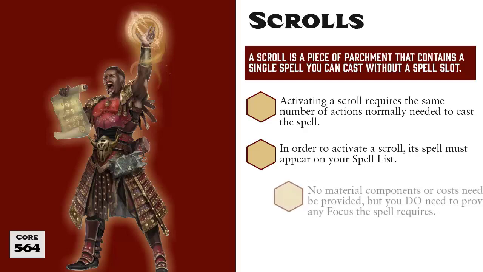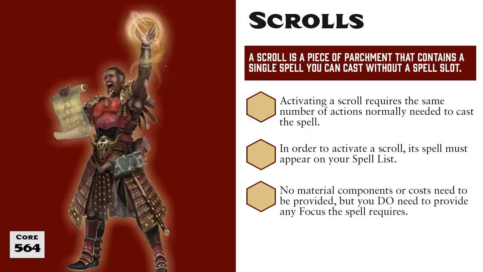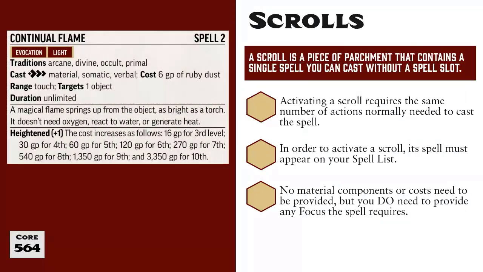No material components or other costs need to be paid when using a scroll, but if the spell requires the use of a focus, you must still provide that focus in order to cast that scroll spell. For example, Continual Flame requires 6 gold pieces worth of ruby dust to cast. When casting the spell from a scroll of Continual Flame, you do not need to provide this gold dust because it is listed as a cost.